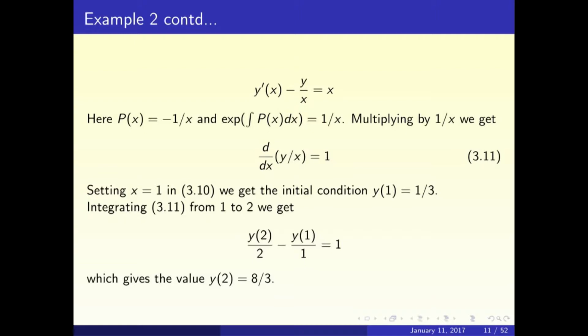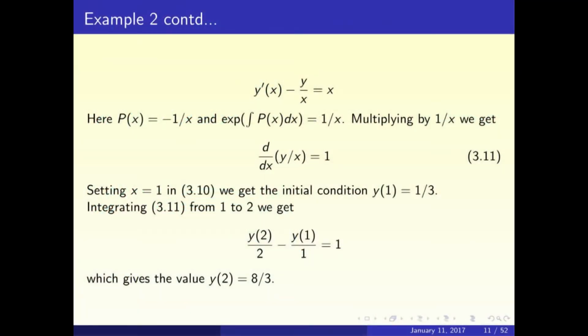So what happens to the differential equation? 1 upon x y prime of x minus y upon x squared. And that is exactly the derivative of y upon x. So 3.11: d dx of y upon x is what the left hand side would become.